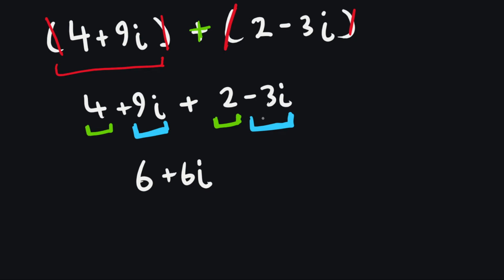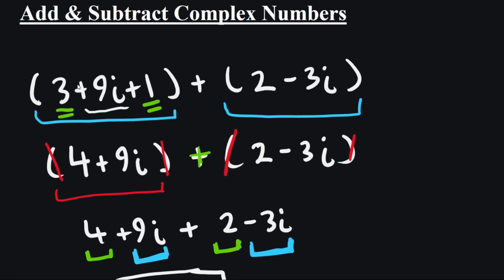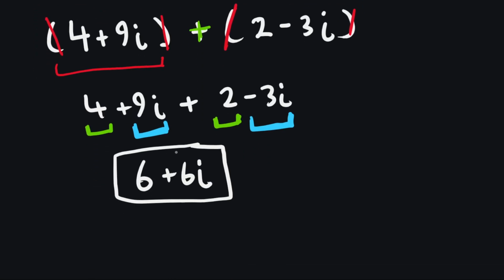So 9i minus 3i is 6i. Again, very similar to combining like term variables. So that is the sum of these two complex numbers. 3 plus 9i plus 1 plus 2 minus 3i evaluates to 6 plus 6i. And that's how you add complex numbers.